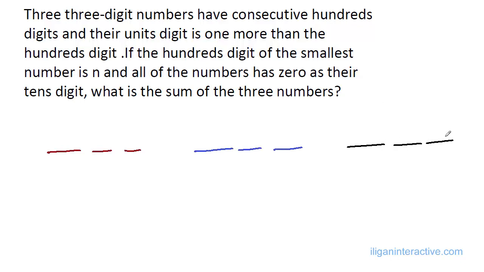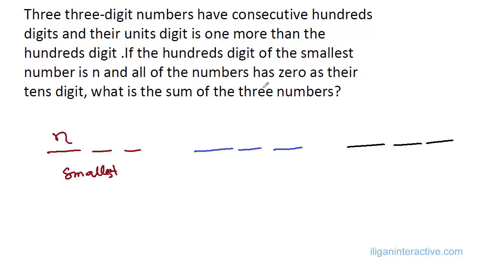Now what is cool about this problem is that it gives a relationship between the digits. Let us say that this is the smallest among the three numbers. According to the problem, if the hundreds digit of the smallest number is n, so note this is the ones, tens, and the hundreds, this must be n.